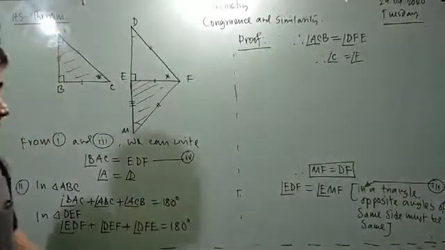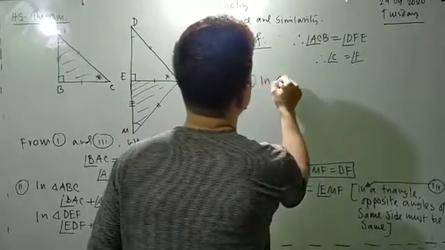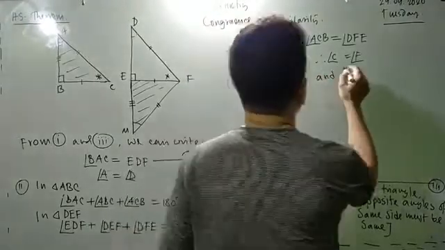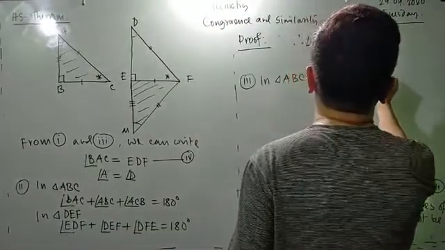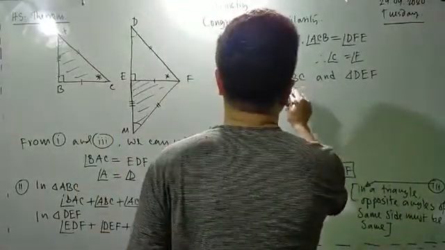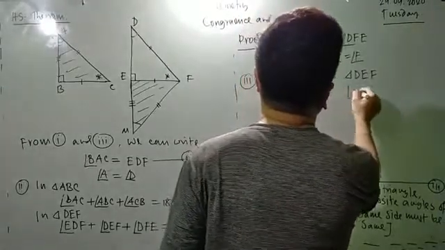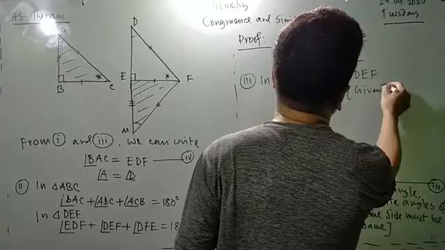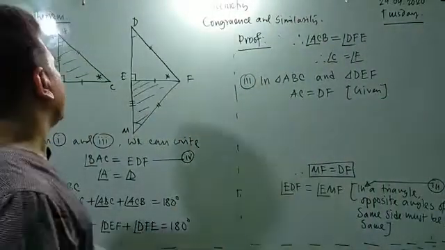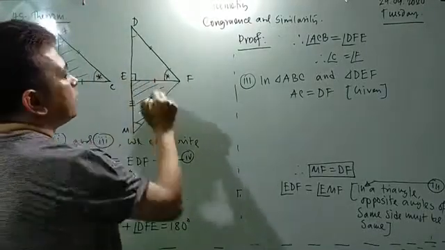Okay, last one, just number 3. In the ABC triangle and DEF triangle, we have been given AC equals DF. Where do we get it from? It's given, and with all kinds of logic we have been able to show this angle is equal to this angle.